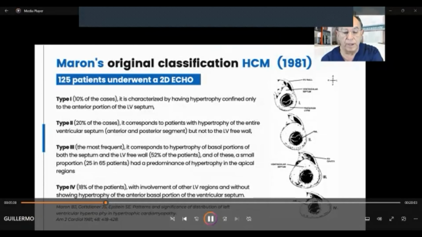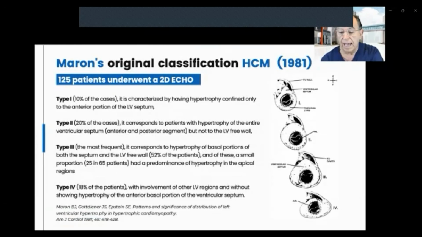The most frequent was type 3, corresponding to patients with hypertrophy in the anterior segment of the septal wall and the free wall of the left ventricle in the basal segment.